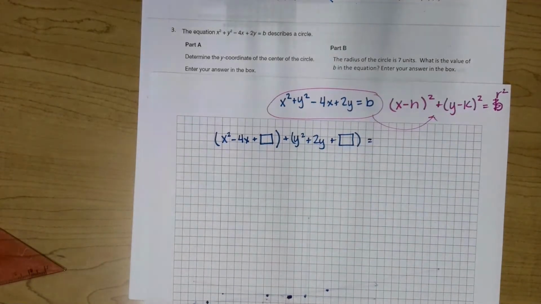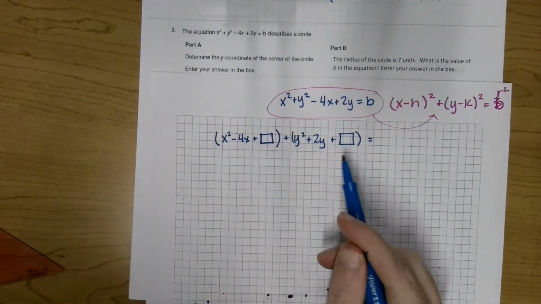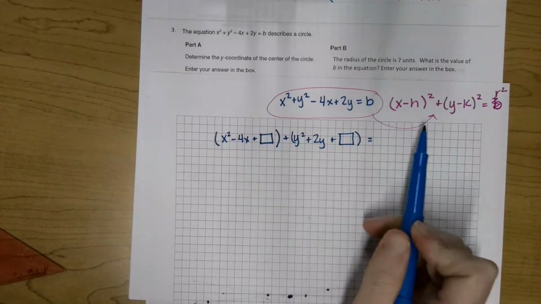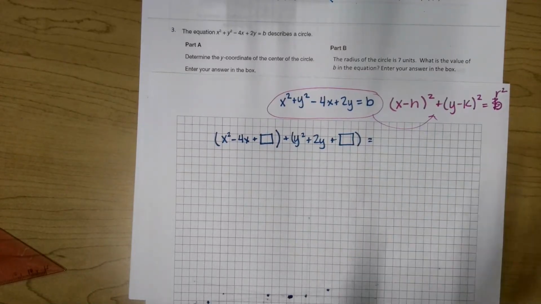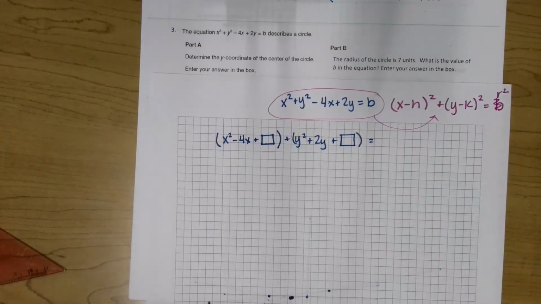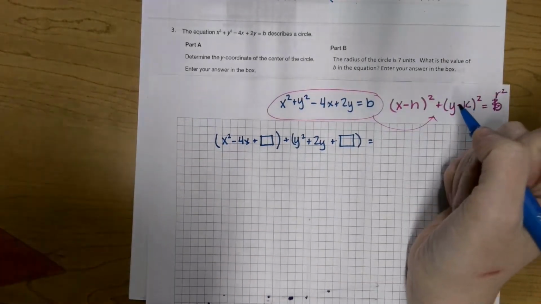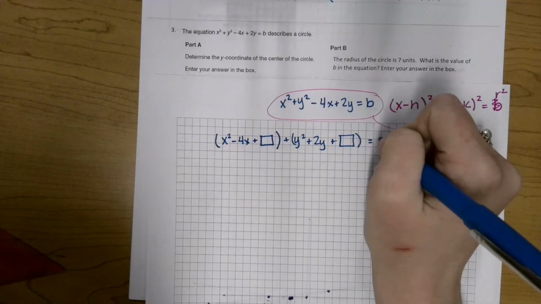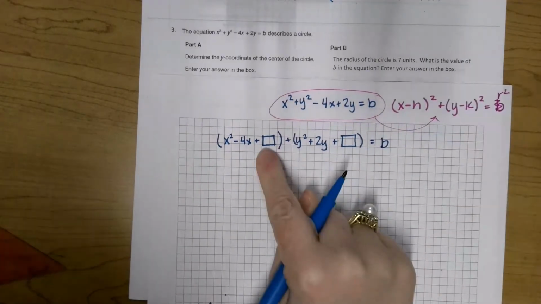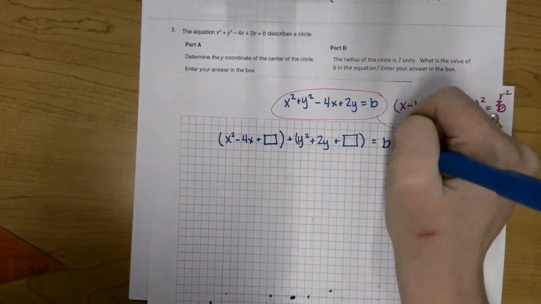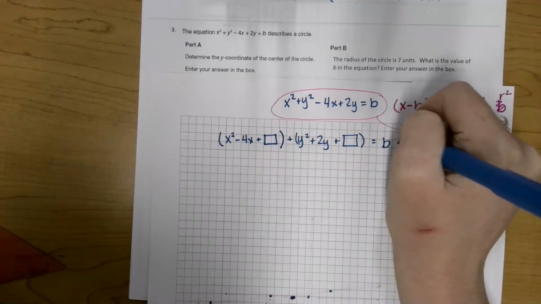So it's going to be weird. I'm going to add some seemingly random numbers to this so that I can force it into this equation and make it make sense. And then equals b. Now, because I'm adding 2 things to the left side, I need to add those same 2 things to the right side.